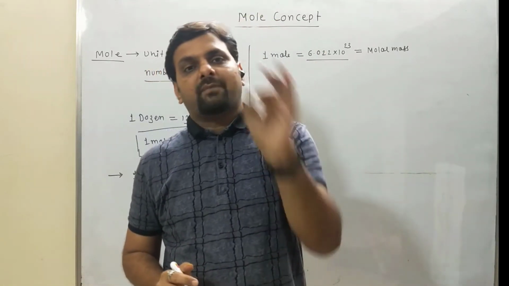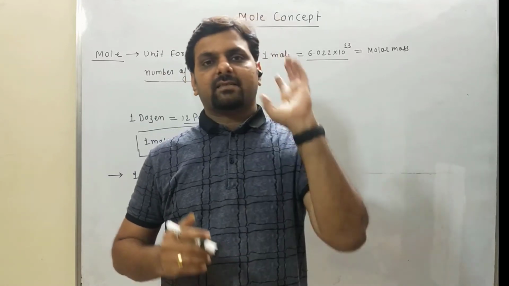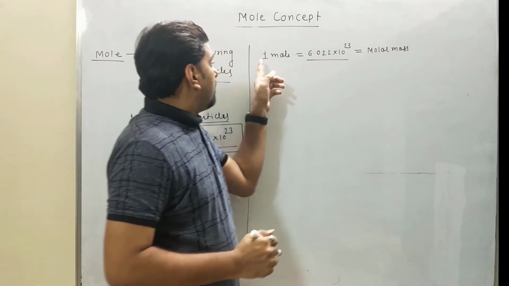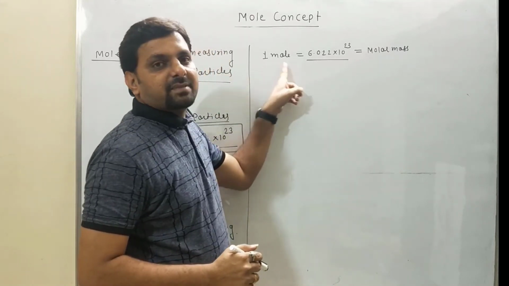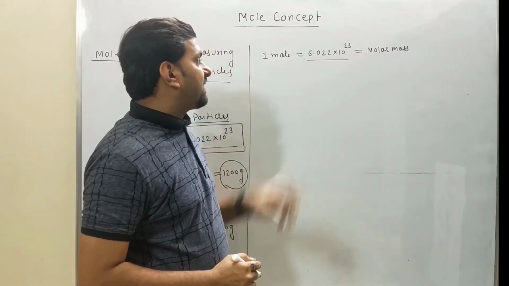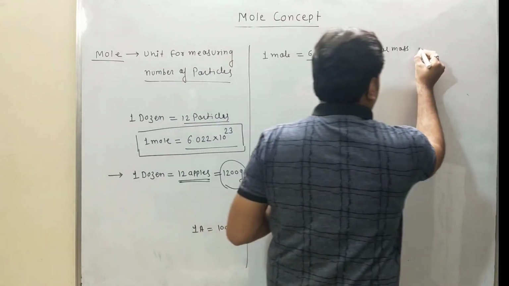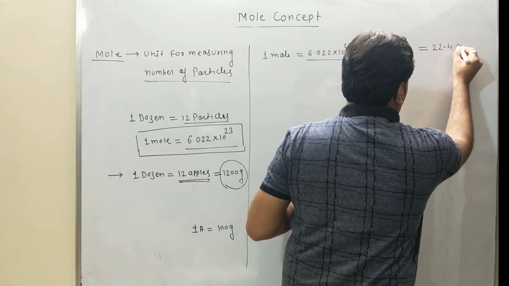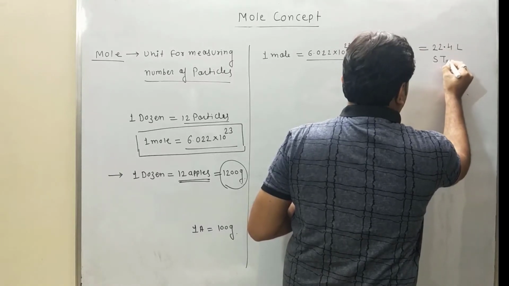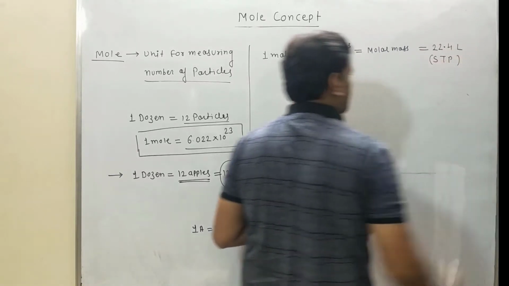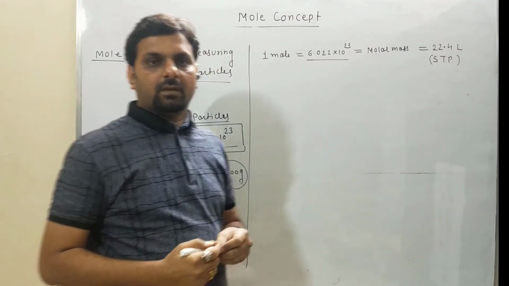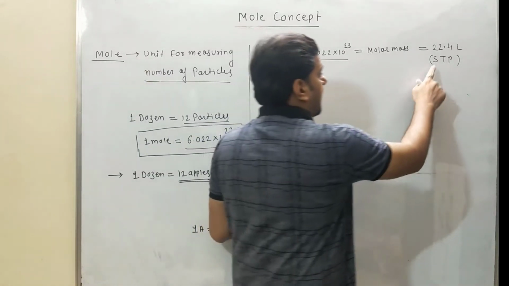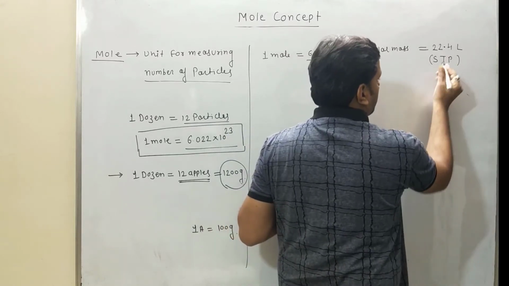Now if a substance or compound is in gaseous form, then we consider the volume of that gaseous substance. 1 mole of a gaseous substance or compound has a volume of 22.4 liter at STP. What is STP? STP means standard temperature and pressure.